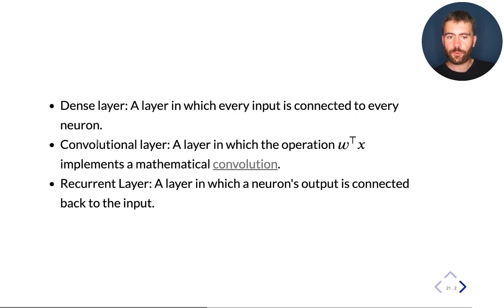One very important type of layer that we're going to see in the next lecture is the convolutional layer, where we apply a special operation called the convolution, which I'm going to define in the next lecture. And sometimes these layers can feed back into earlier layers, which breaks the DAG structure, but then we have something called a recurrent neural network.